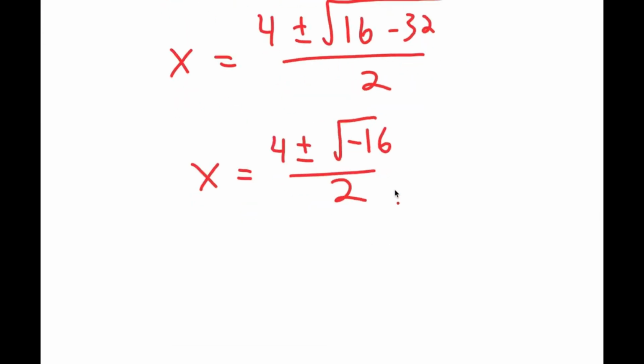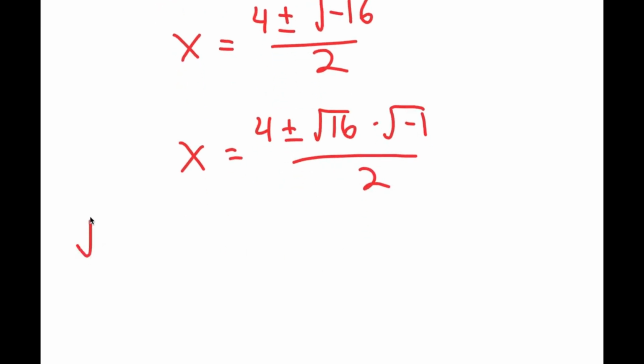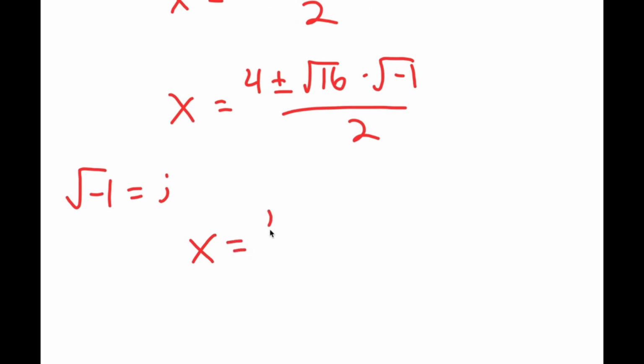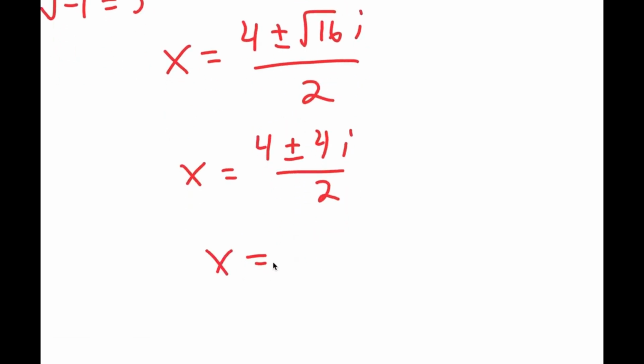So now, the square root of −16, I can rewrite that as the square root of 16 times the square root of −1, and the square root of −1 is equal to i. So I get x = (4 ± √16 i) / 2, and the square root of 16 is equal to 4, so I get x = (4 ± 4i) / 2, which turns into 2 ± 2i.